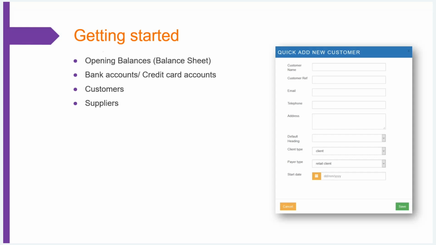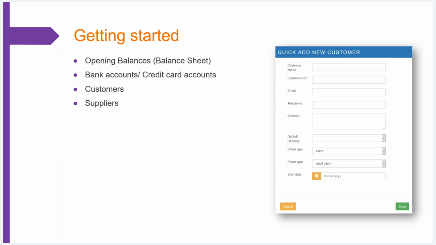Okay, how do users get going on the system? To get going, you need the opening bank balance of your bank account from when you start using the system. Conventionally, that's more often at the start of an accounting year rather than partway through it.